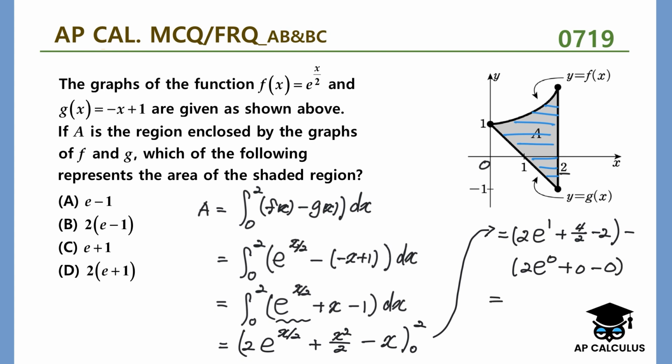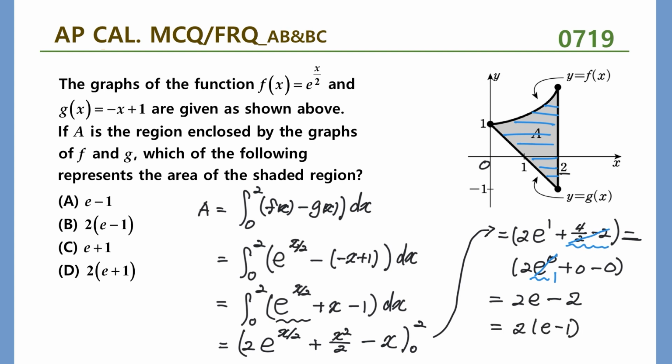So that's going to be 2e here plus 2 minus 2, right? So that's 0. Here, that's 1, right? So we have 2e minus 2, right? So if we factor out 2, that's going to be 2 times (e minus 1). So the answer is B, right?